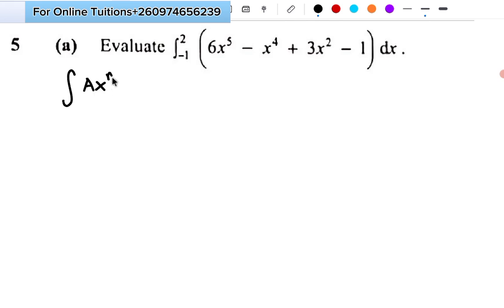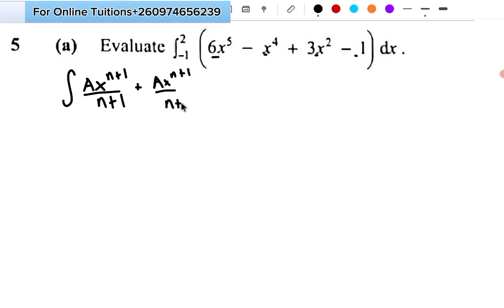The formula is x^(n+1) over n+1. Depending on how many terms you have, 1, 2, 3, 4, you might rewrite the same thing four times, since you are going to apply it for each specific term.